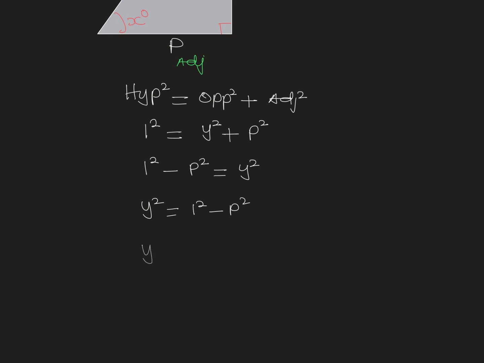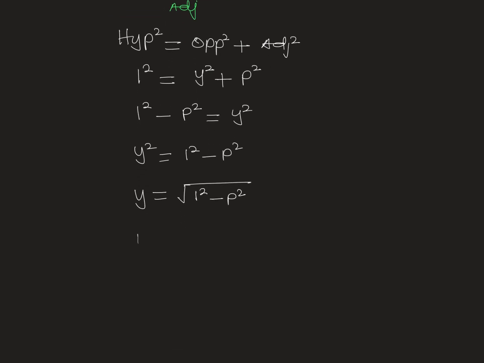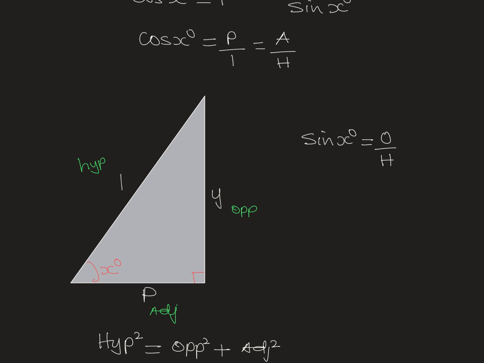So that is to say y square is equal to 1 square minus p square. So to find y, that will be the square root of 1 square minus p square. So y is equal to the square root of 1 minus p square, which is the opposite side. So we can now move on to find sine of x degrees.